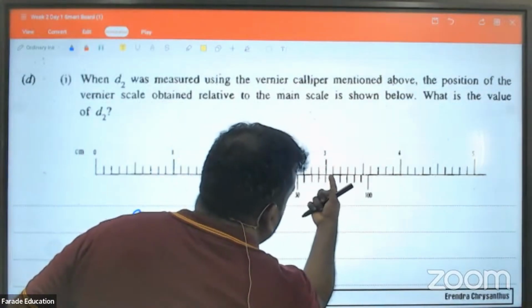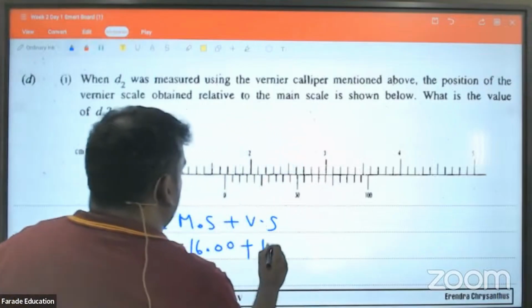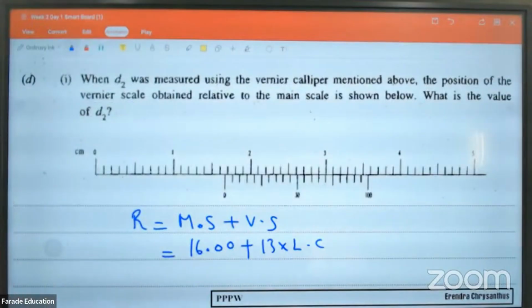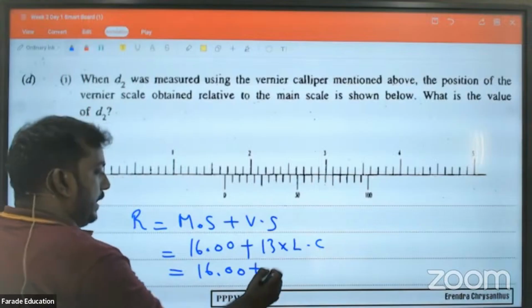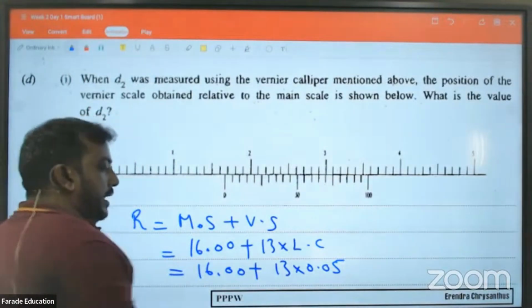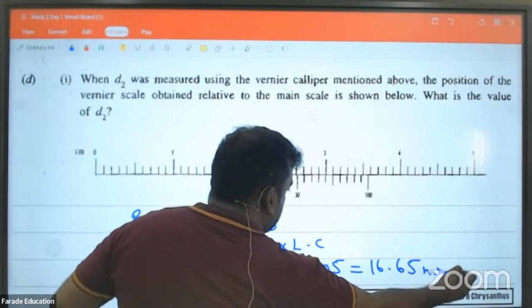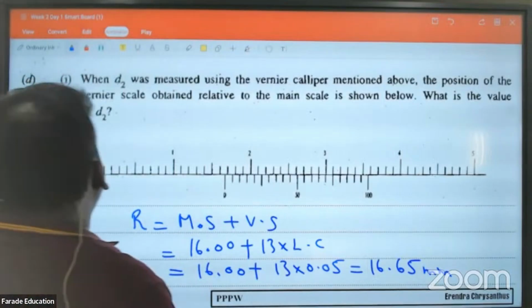The 14th is slightly to the left, the 13th is coinciding. 13 into least count: 16.00 plus 13 into 0.05. Your answer is 16.65 millimeters.